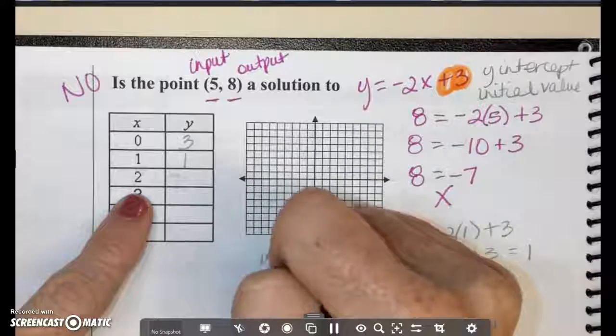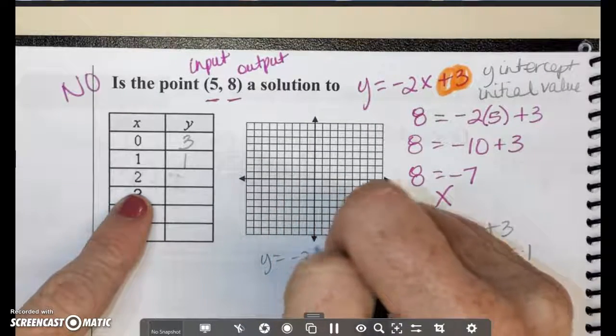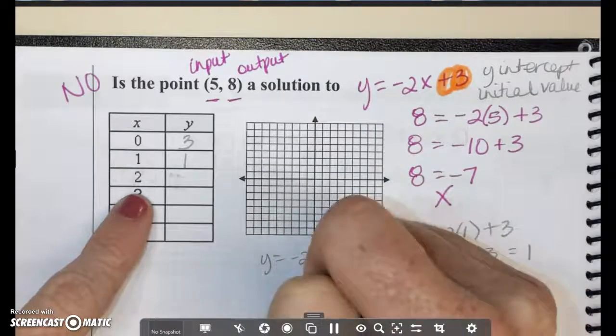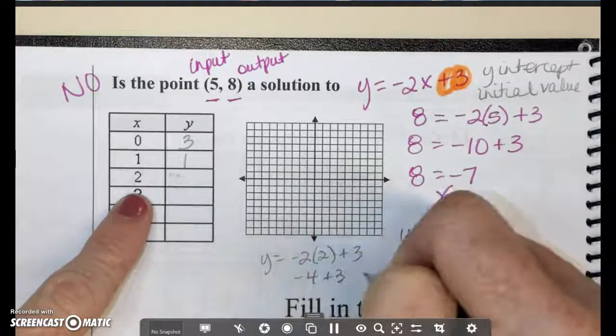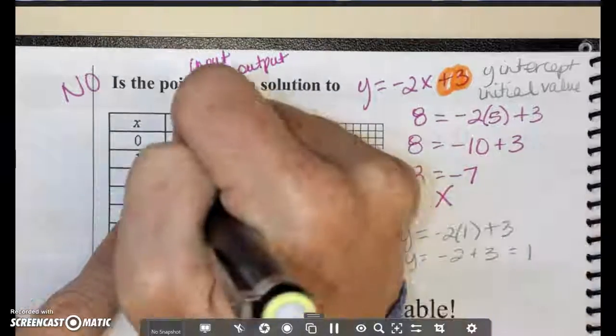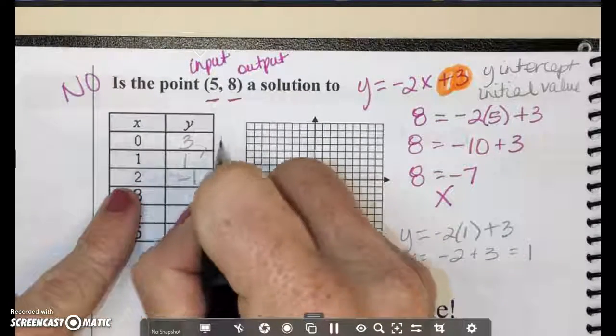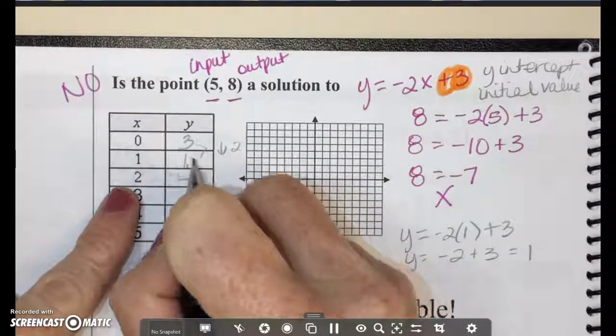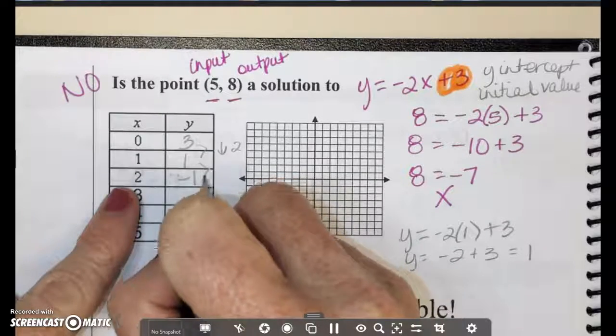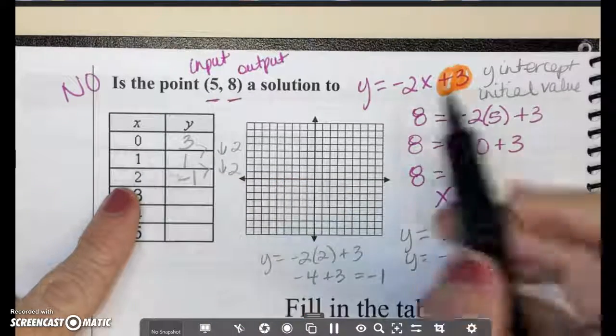When we plug in 2, we get negative 4 plus 3, which gives us negative 1. So your numbers, each time, what are they doing here? They went down by 2. From 1 to negative 1, we went down by 2.